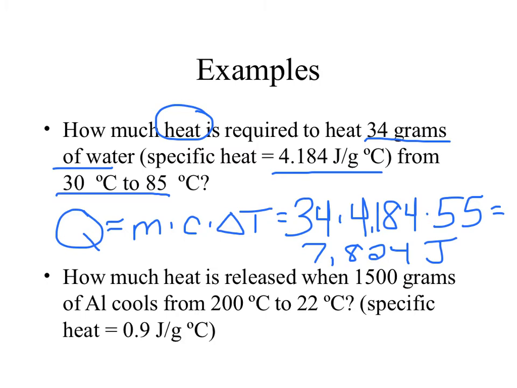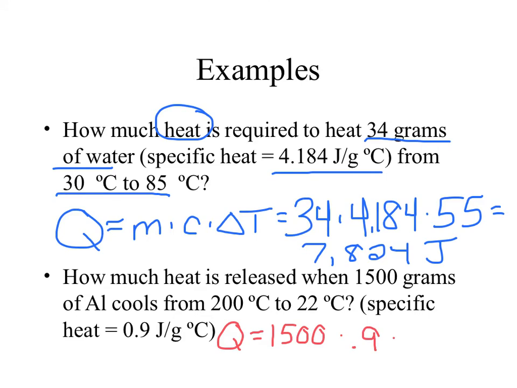Now let's try this one. How much heat is released when 1,500 grams of aluminum cools from 200 degrees to 22 degrees, and the specific heat is 0.9? Q equals the mass, which is 1,500, times the specific heat, 0.9, times our temperature change.